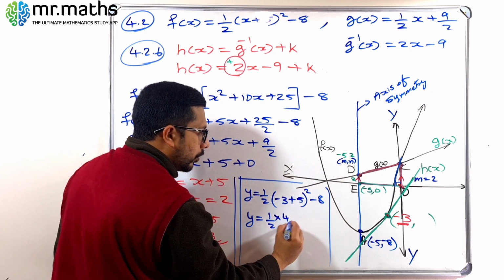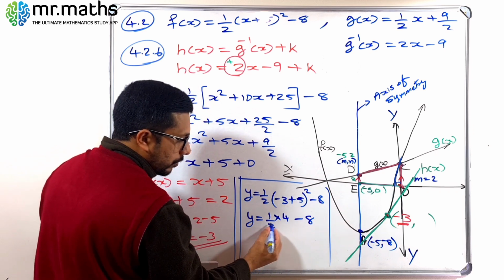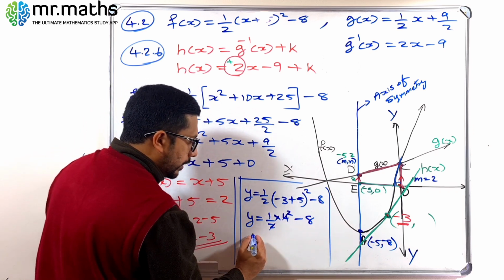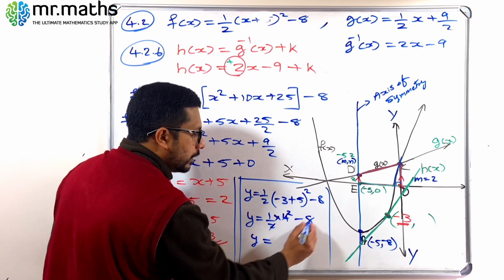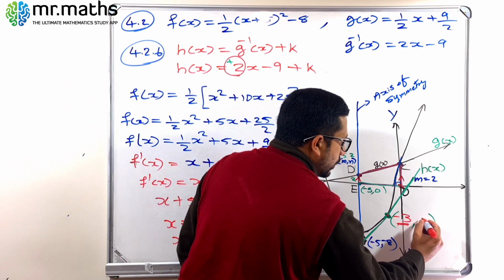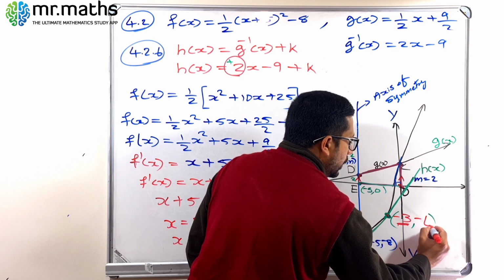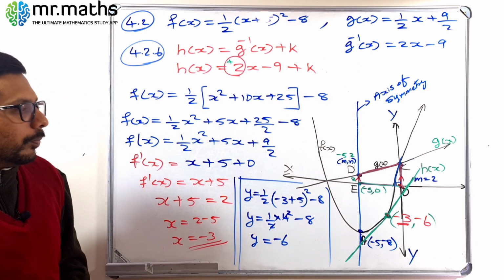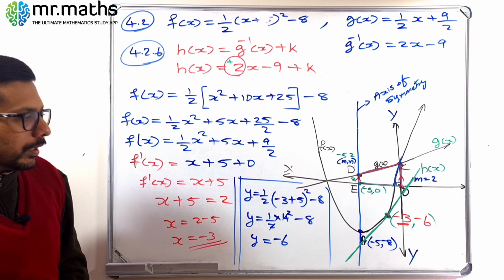So it is half times 4 minus 8. So the 2 and 4 cancel, it is 2. So 2 minus 8, that means y is minus 6. So at this point the value of y is minus 6. So the coordinate is minus 3 comma minus 6.